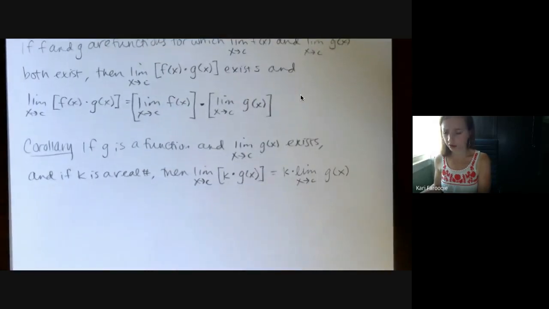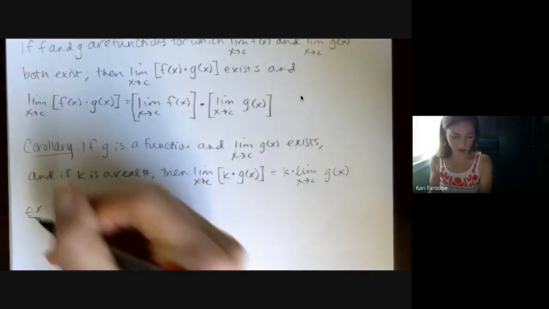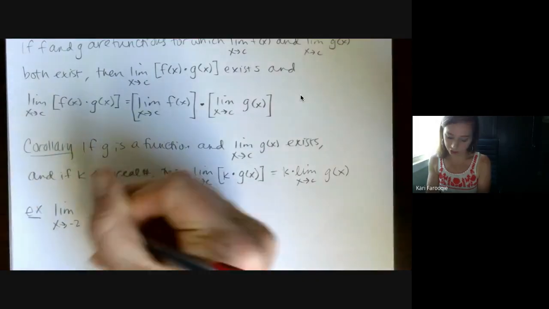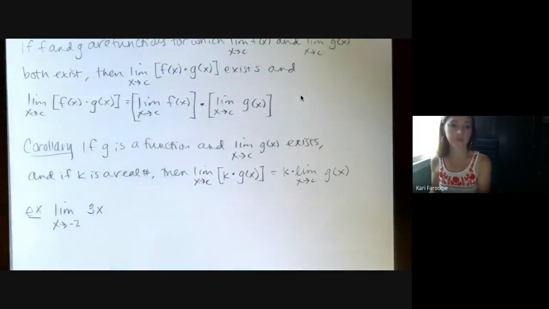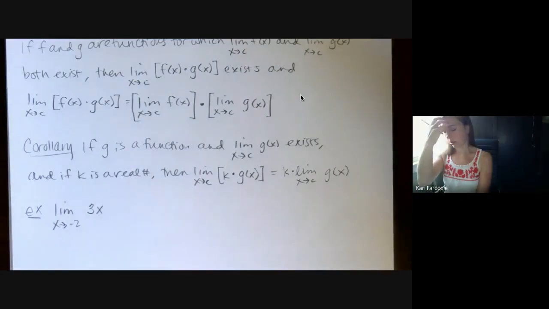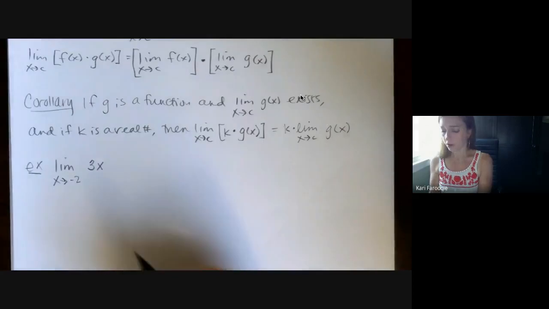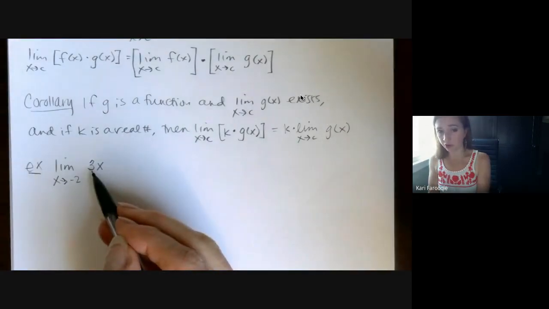So what this would look like in an example would be something like the limit as x approaches -2 of 3 times x. I'm trying to give you this same example over and over again, just in different scenarios. But 3 is your constant multiple in this case.